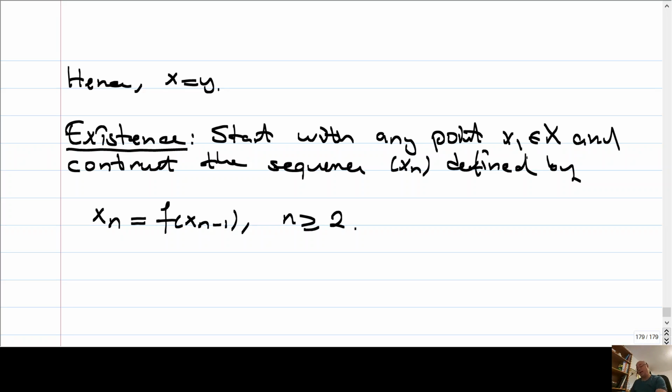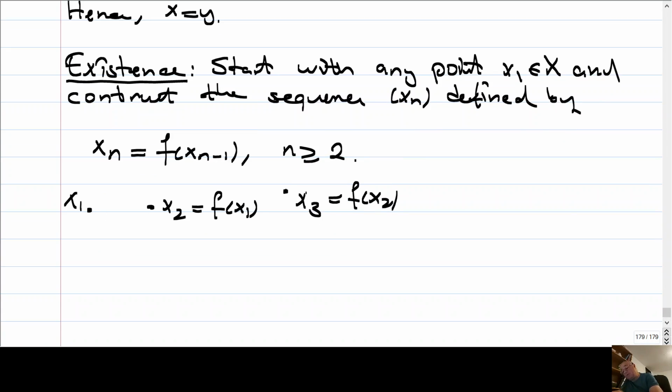So I start with x1, I compute f of x1, I obtain another point x2, and then I compute f of x2 and so on, and we will see that this sequence is a Cauchy sequence, and it converges to the unique fixed point of f.